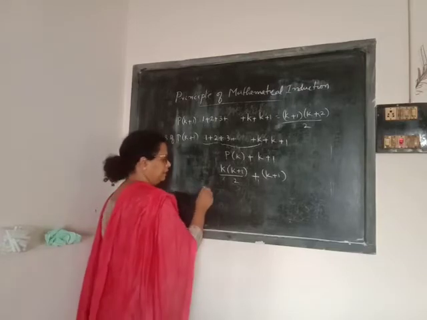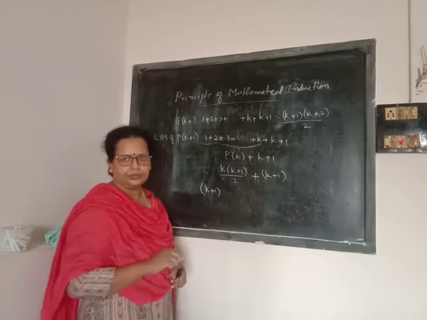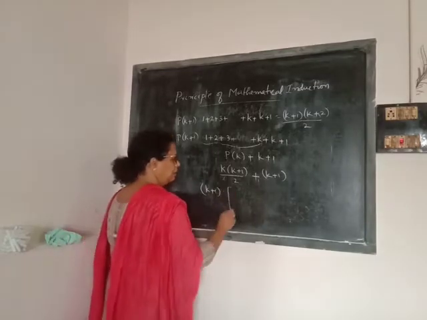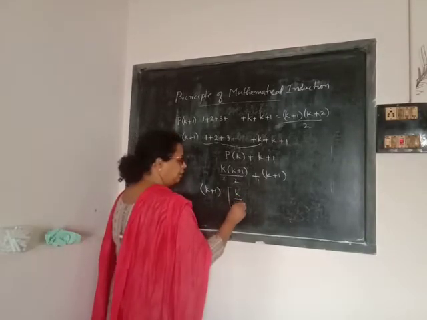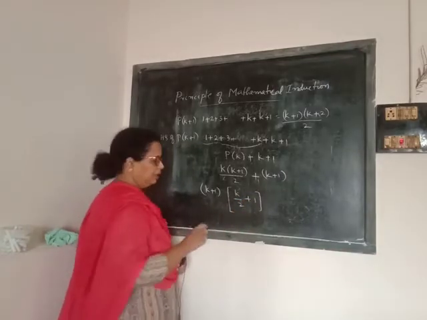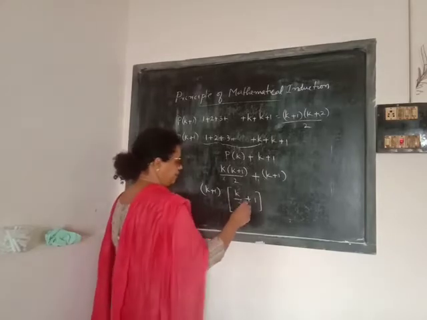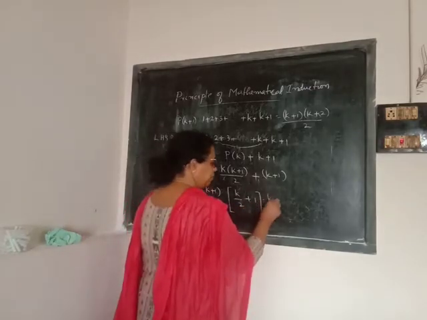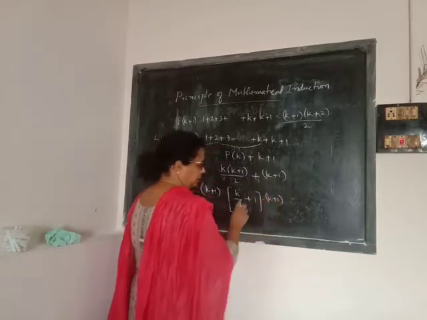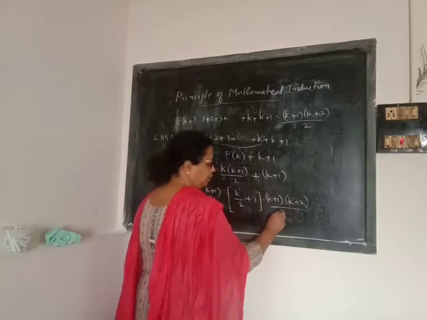What is the common factor? K plus 1 is the common factor. Take it outside. Then what will remain? K by 2 plus 1. Now you take the LCM. What will we get? K plus 1 into, this will become what? K plus 2 by 2.